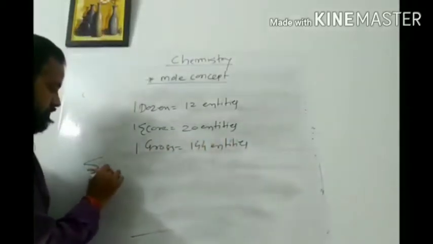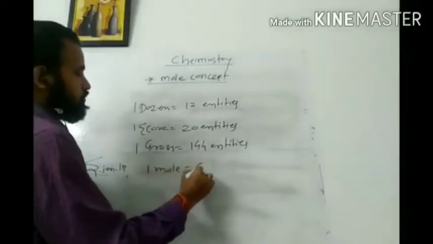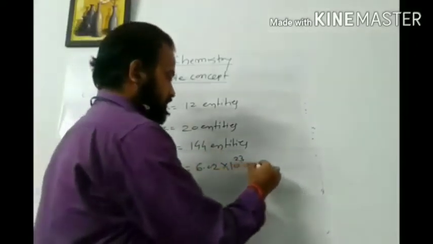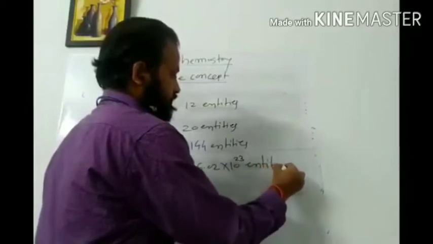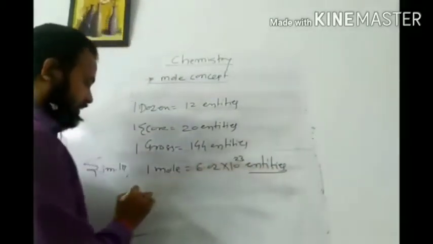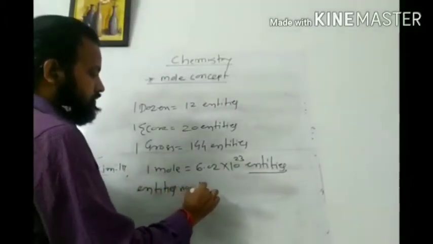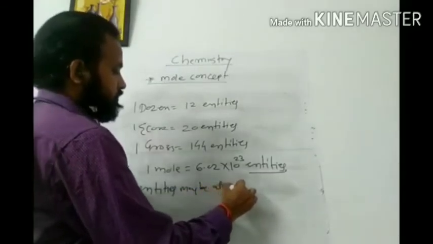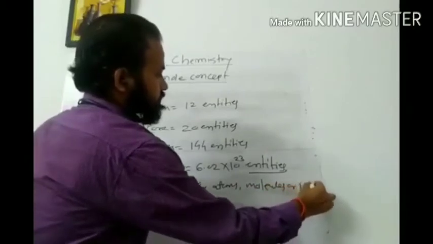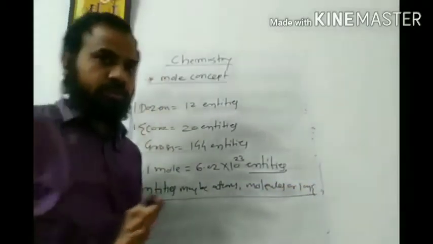Similarly, 1 mole equal to 6.02 into 10 raised to 23 entities. Now here, what do you mean by entities in case of mole? So entities may be atoms, molecules, or ions. Okay, so this is how we are going to study the mole concept.